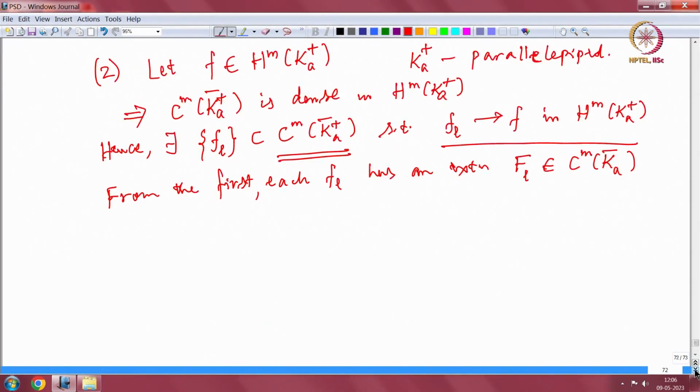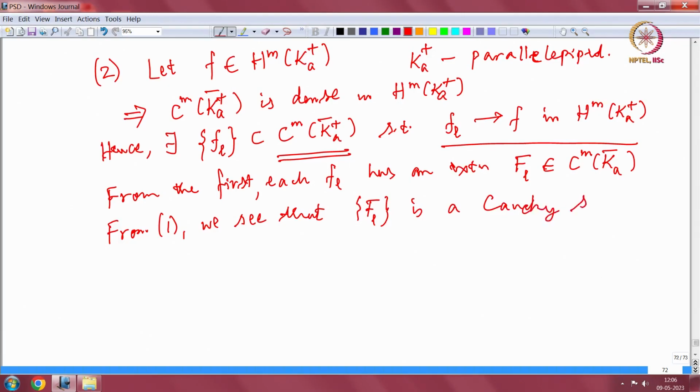Okay. So, from 1 we see that this sequence FL is a Cauchy sequence in Hm Ka.